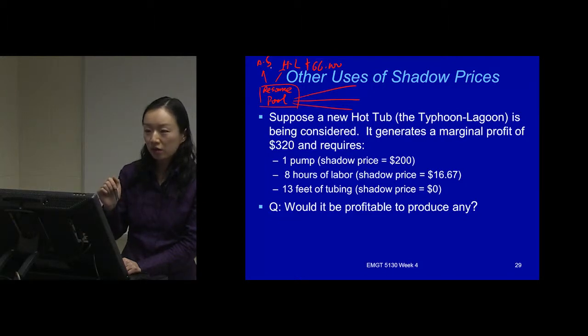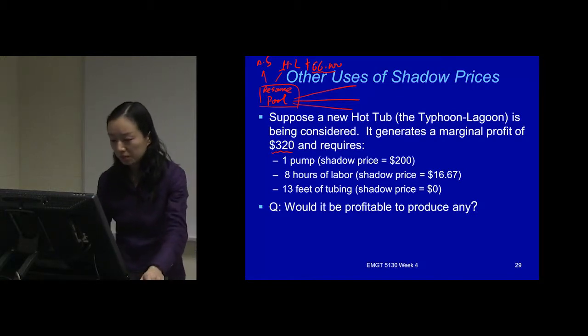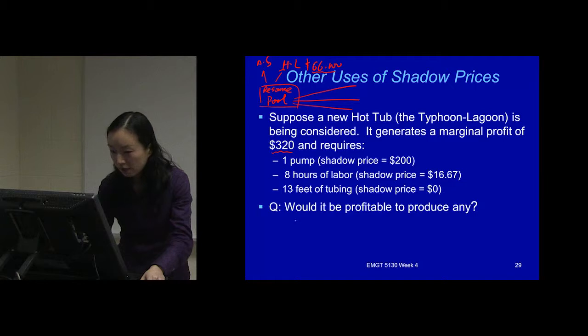Then we'll think about, by taking away those resources to produce this new hot tub, what's the impact on my original total profit made, and what's the gain that adds on top of this total profit?